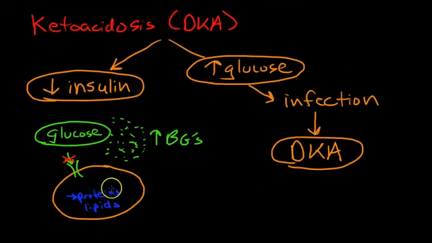Now when they do that, our bodies can work fine with just proteins and lipids, but when we use a lot of proteins and lipids in our body, one of the byproducts of metabolism of proteins and lipids is ketone bodies, or keto acid.